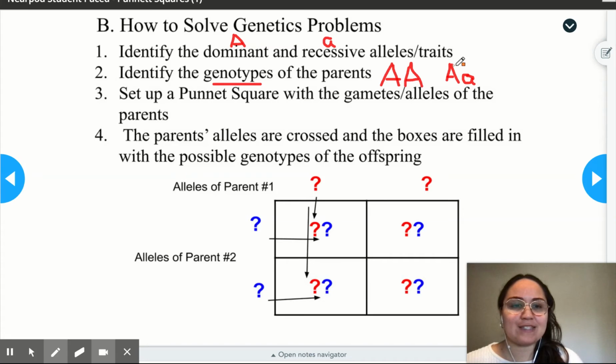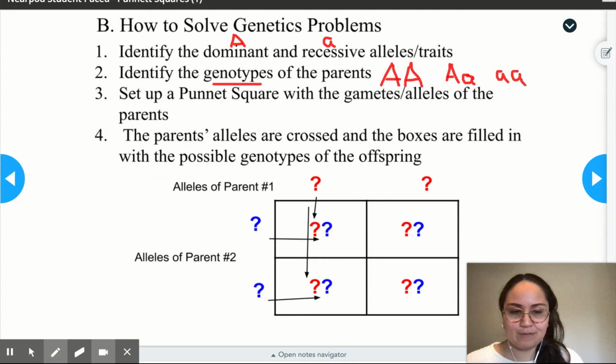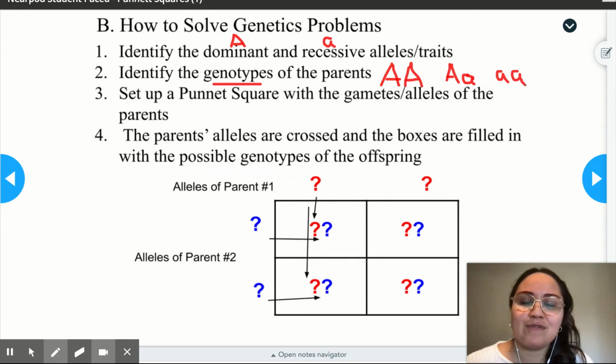Notice there's an uppercase letter and a lowercase letter. And then there is the last genotype, which is homozygous recessive. Homozygous recessive is an organism that has two recessive alleles. Notice that they're both lowercase.